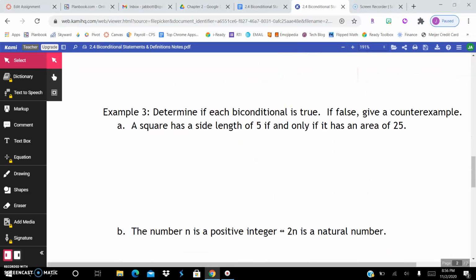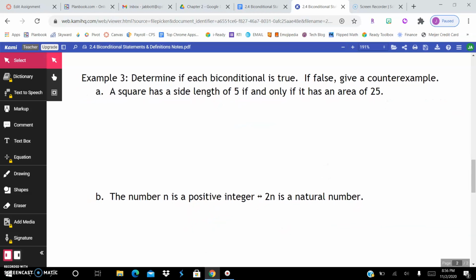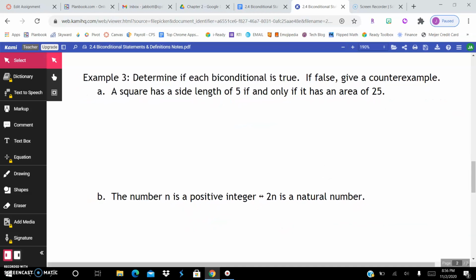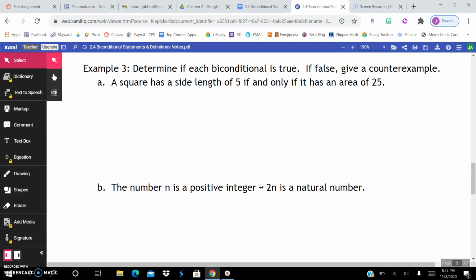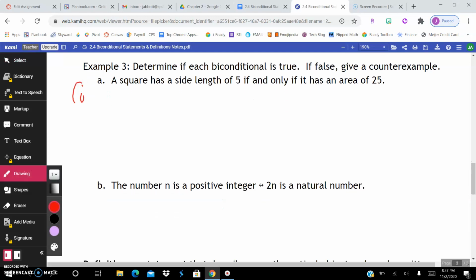So moving on to example 3, determine if each biconditional is true. If false, give a counterexample. Our first one says a square has a side length of 5 if and only if it has an area of 25. To write the conditional, and the converse.